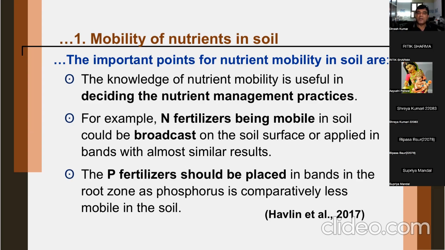Top dressing or basal dressing can be done for nitrogenous fertilizer. But for other fertilizers like phosphatic fertilizer, you need to place them in beds, near the roots, or below the roots in the soil, because phosphorus will not go to the roots. So it is better to bring roots to the phosphatic fertilizer.